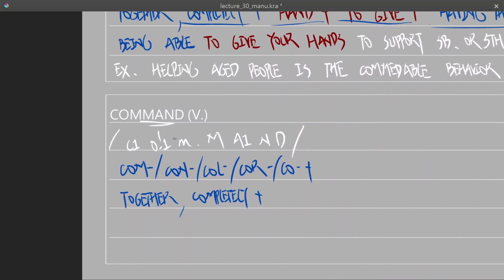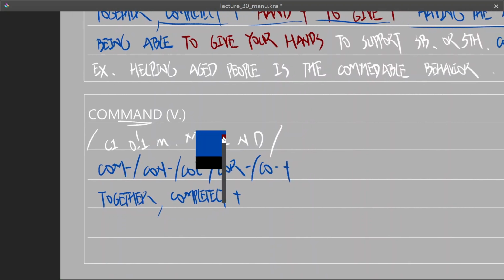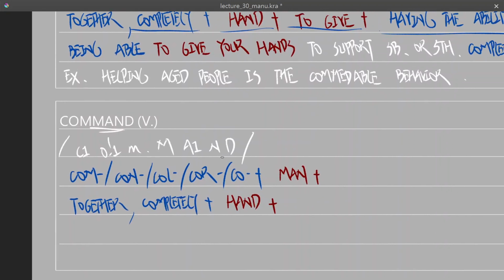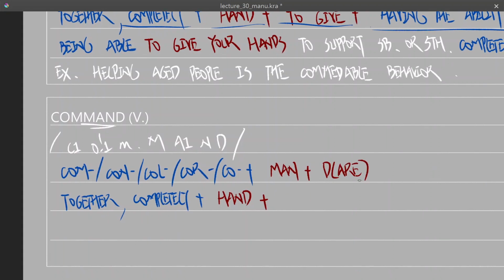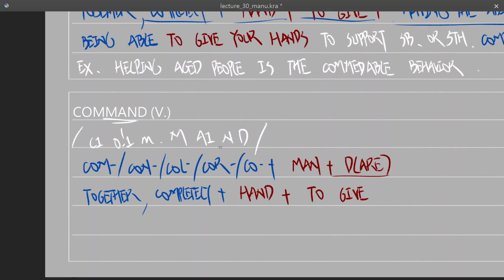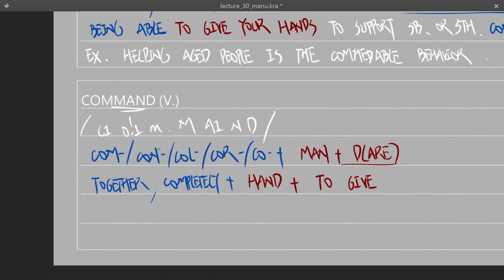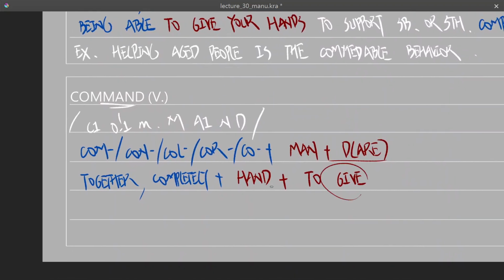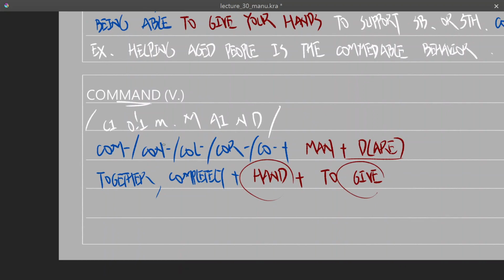And we have the root man, meaning hand. And we have another root, dare, meaning to give. Alright, so command means what? It means to give your hands to control somebody or something completely.